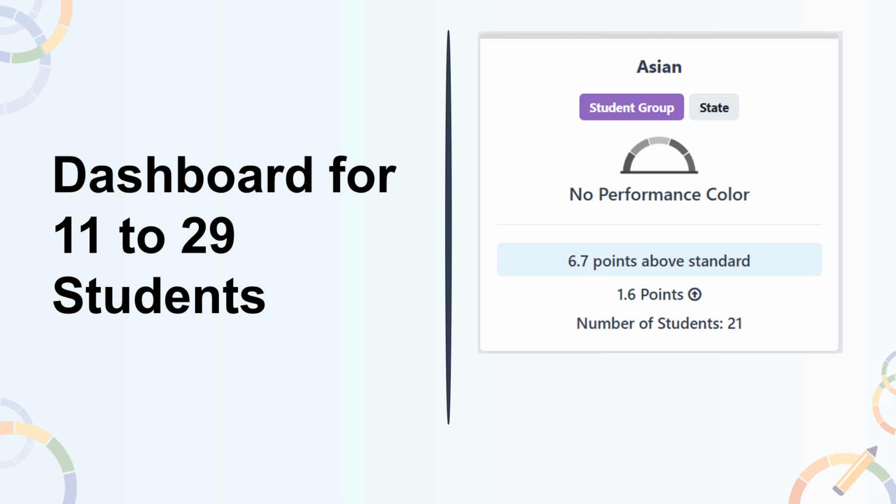It also reports a 1.6 point change from the prior year with an arrow pointing up. The number of students, or N size, is 21. There is an option to select the student group or compare it with the state student group results. Again, the science indicator will not display colors and will not be used for accountability purposes.